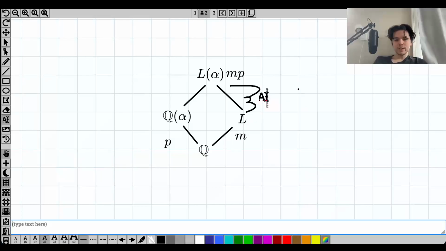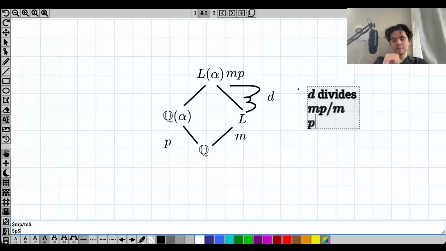So let's call this d, and we know d divides mp over m. Well, if it divides mp over m, that means it has to divide p, which means it is 1 or p.